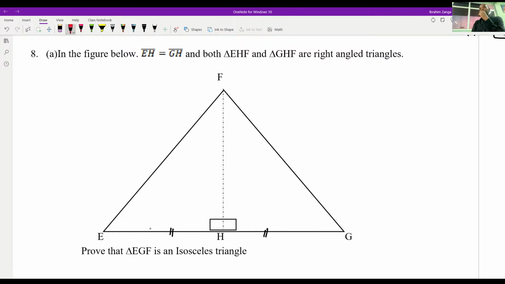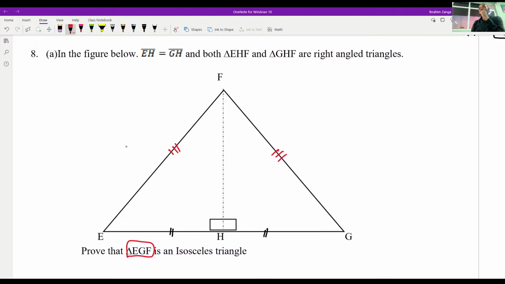You're supposed to prove that triangle EGF is an isosceles triangle. Basically, you're supposed to prove that this side here is equal to this side there.